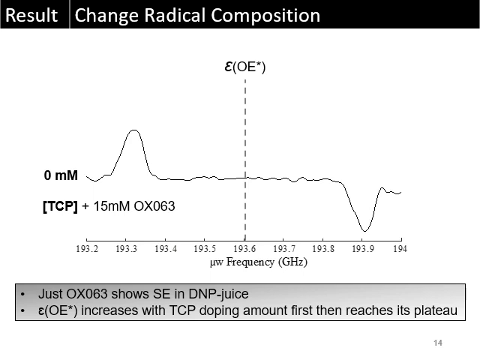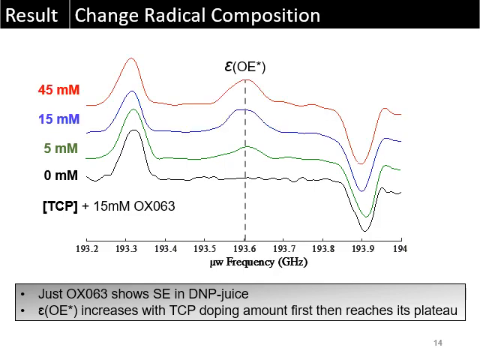There's no Overhauser effect enhancement at the trityl center frequency. When we add 5 millimolar TCP, the OE star enhancement starts showing up. When we add more TCP into trityl, the enhancement first increases and then reaches a plateau.